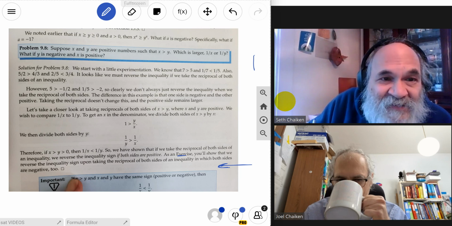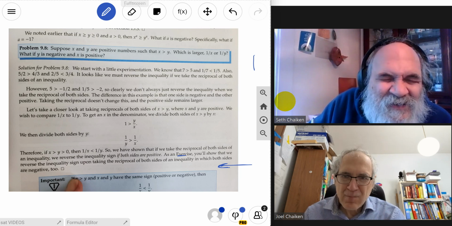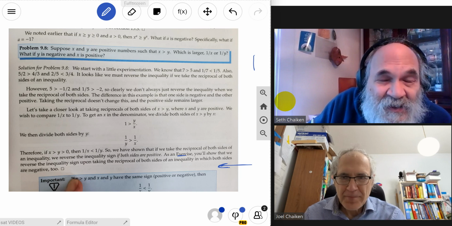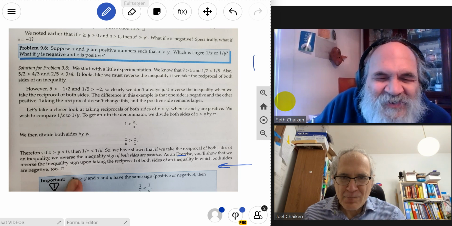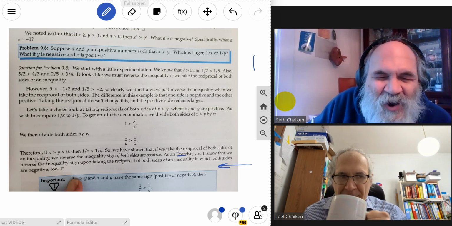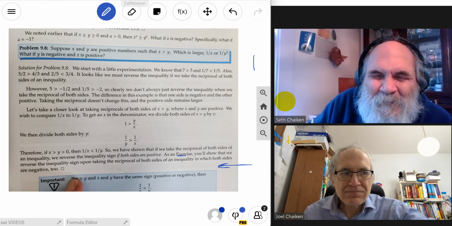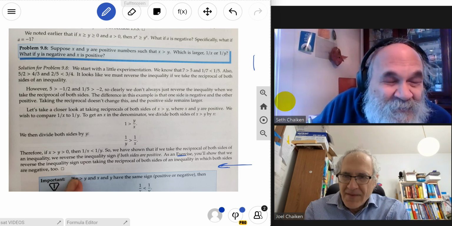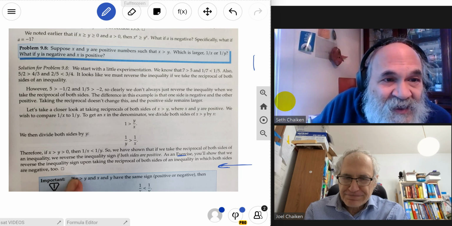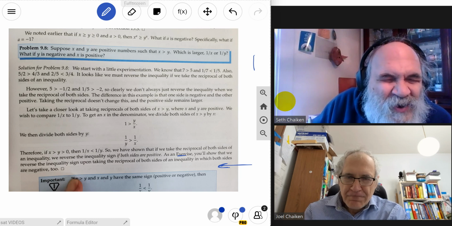And one of the principles of mathematical logic is that proving it in one single case with two particular numbers is not good enough for proving it for all values of x and y suitably restricted. Okay? So then, second paragraph, let's take a closer look. You can't see my pointer pointing to this, right?